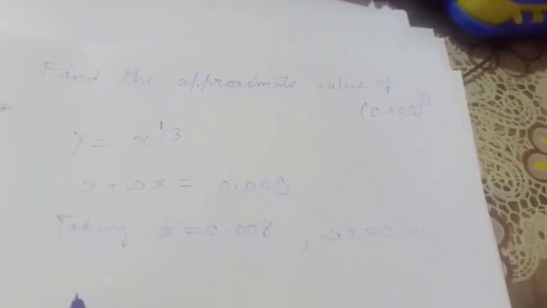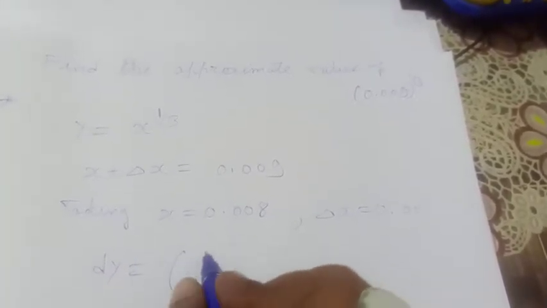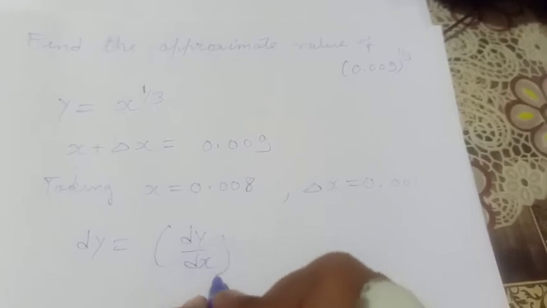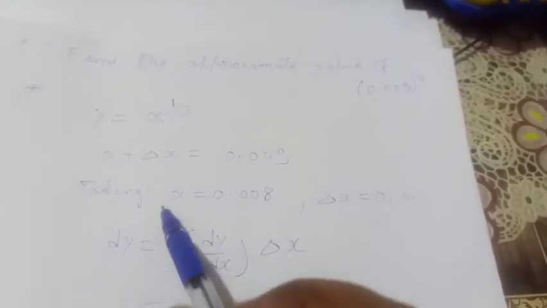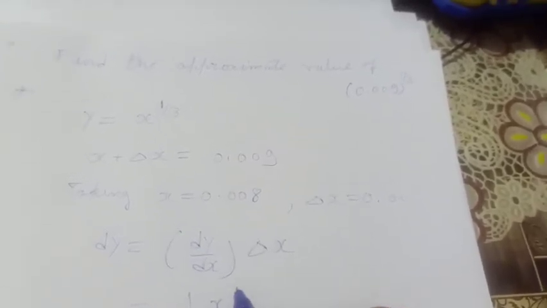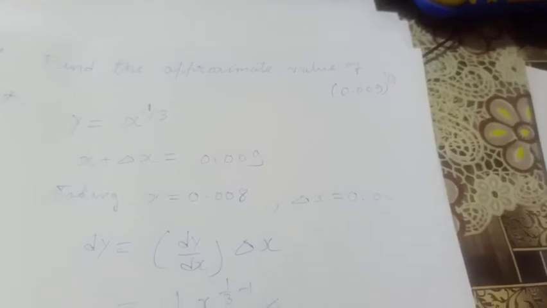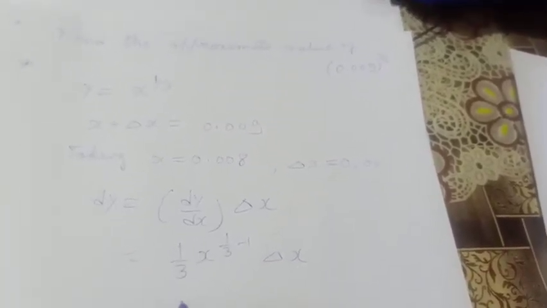Now we will find the value of dy. Again, dy equals dy by dx into delta x. Now the value of dy, from this value of y, is 1 by 3 x raised to 1 by 3 minus 1 into delta x, using simple differentiation.